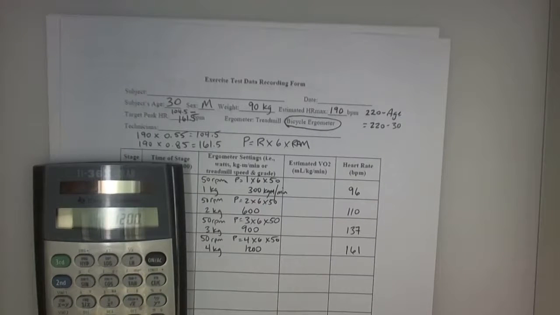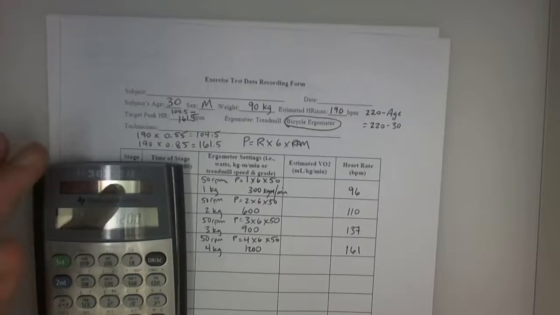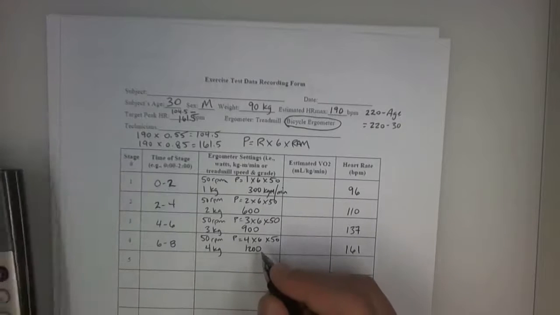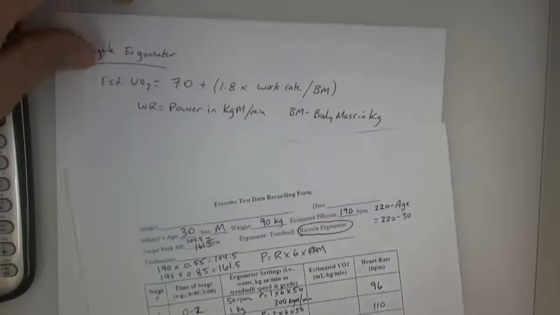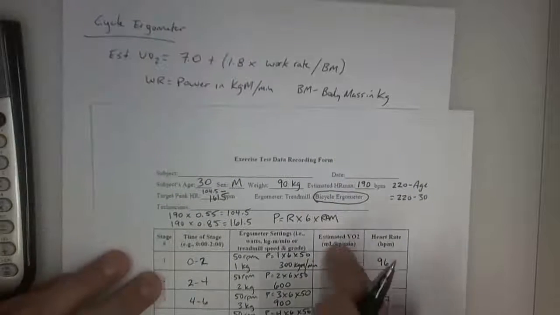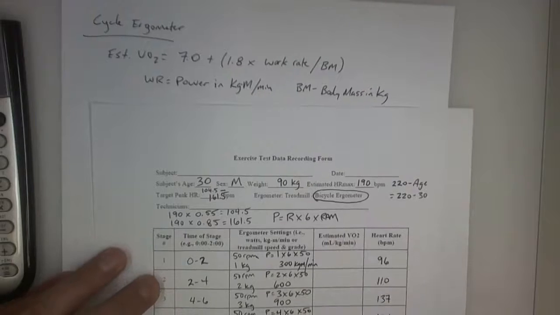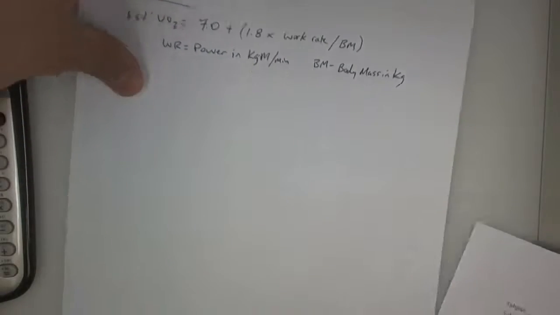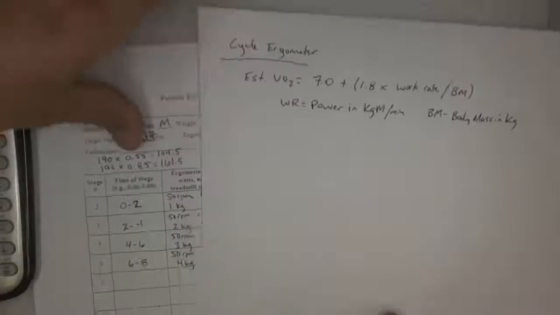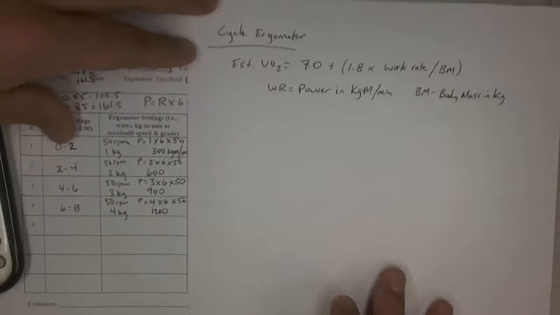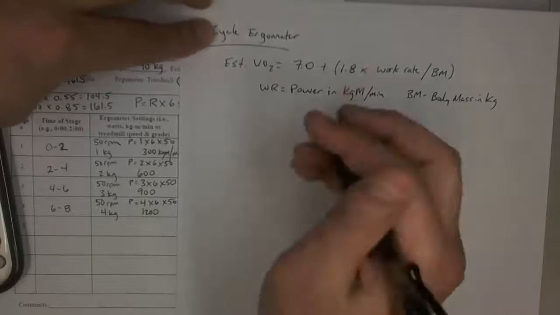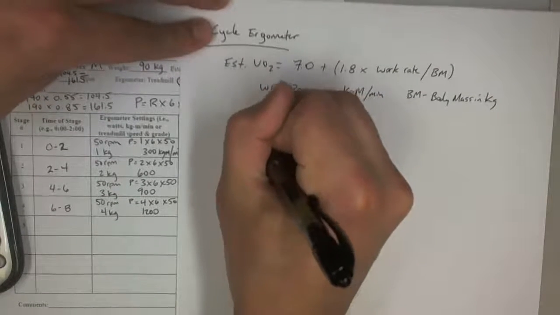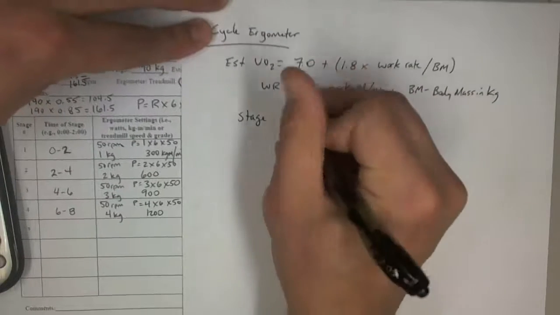Okay, so now that we have our work rates, what we can now do is go in and plug in these work rates into the ACSM metabolic equations, and that's how we fill in our estimated VO2 column here. So we'll do this for each stage. So here's stage 1.